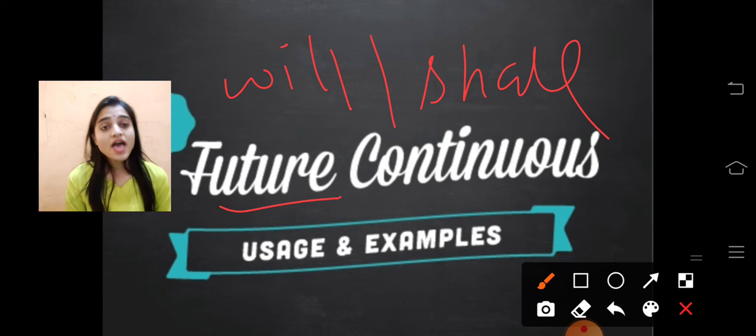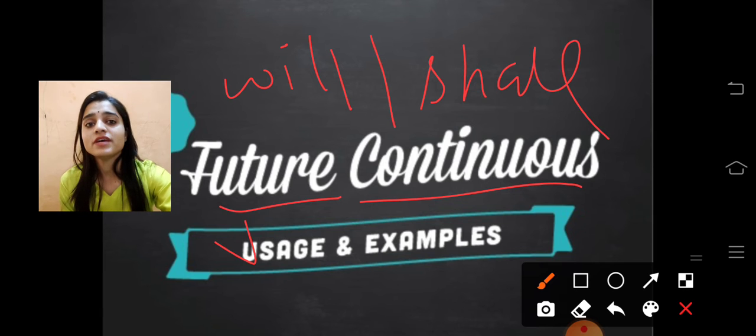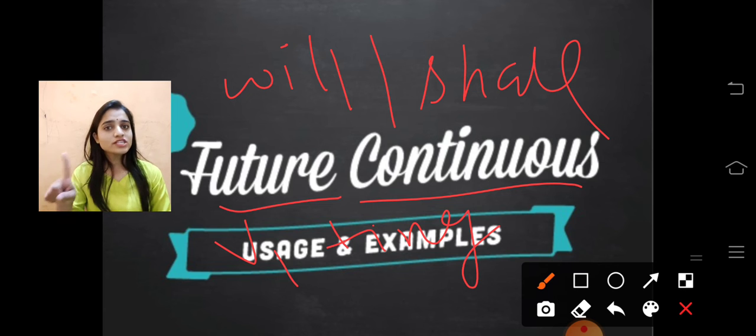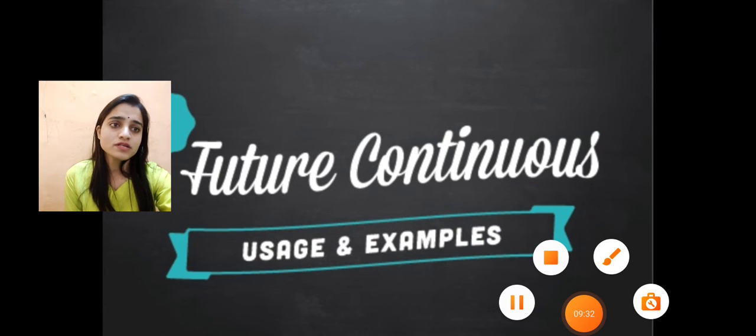And whenever we come across the word continuous, this means the verb will be in its ing form. Continuous means the verb's ing form will be there, and future means will, shall, would will be there. Okay, so with the help of these things we can form the structure of future continuous tense.